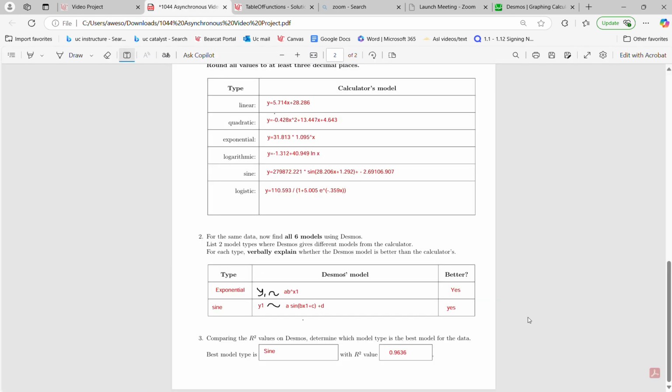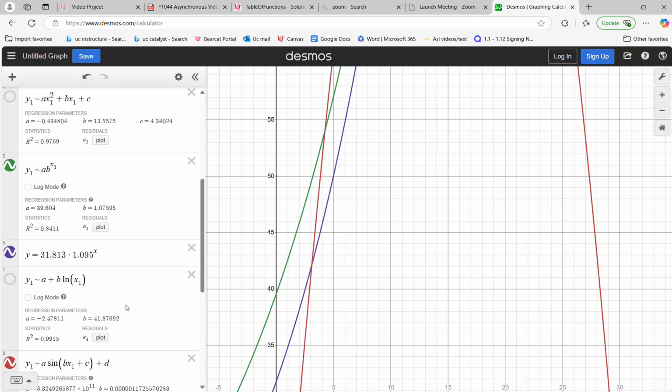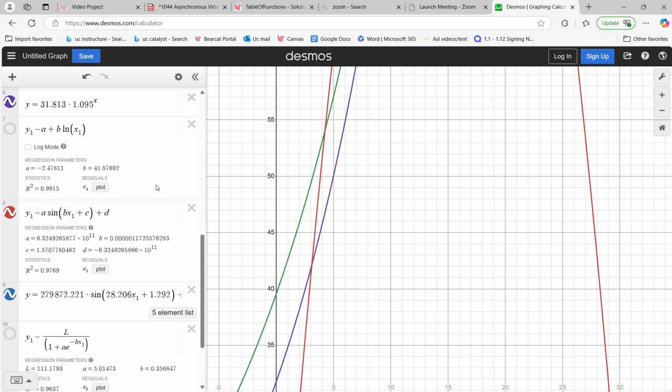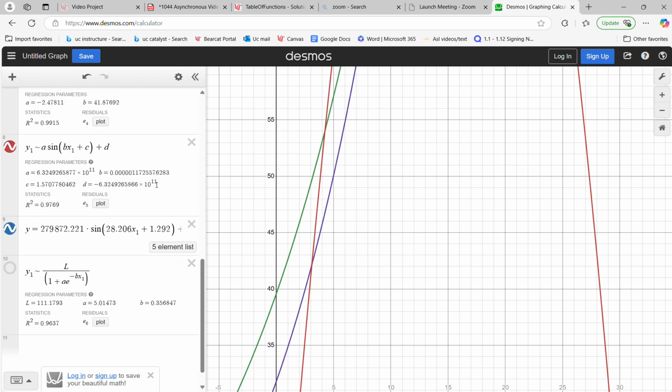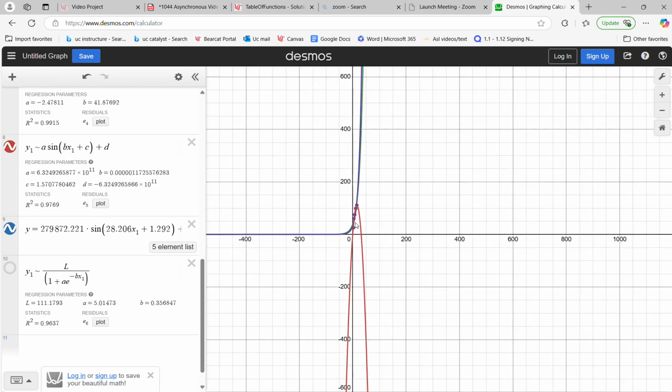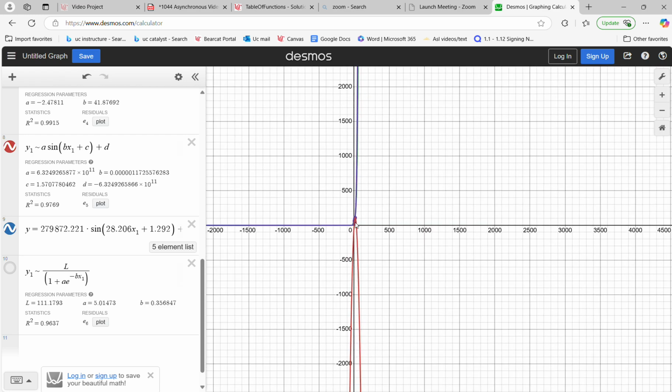Back to Desmos. Keep going with our process. So now we go on to logarithmic, and we plug in the numbers. We get the same numbers. So then we go on to sine, and we run into the same issue with sine, where we find different numbers.